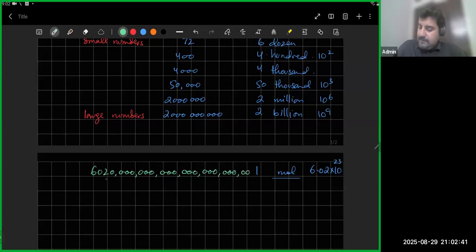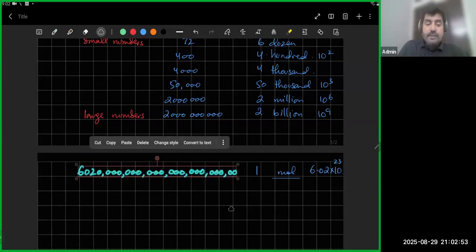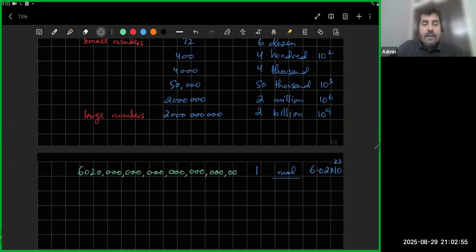Okay, so this is the size of the number that 1 mole represents. But 1,000 is a very small number. A mole is probably the biggest everyday number that's used in everyday counting. It's a lot bigger than a billion.